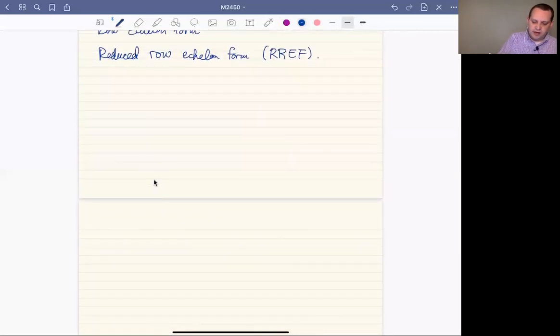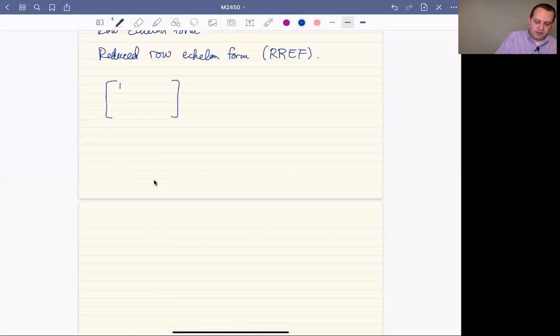So let's say that you have a matrix, and I'm not going to worry too much about what matrix we start with, but I just want to mention there are three properties for row echelon form and reduced row echelon form. Reduced row echelon form is a little easier to describe. It's basically as simplified as a matrix can get.